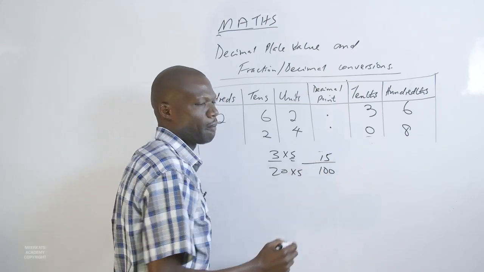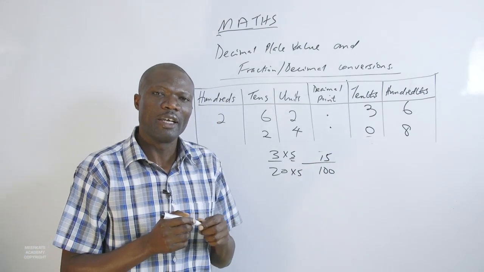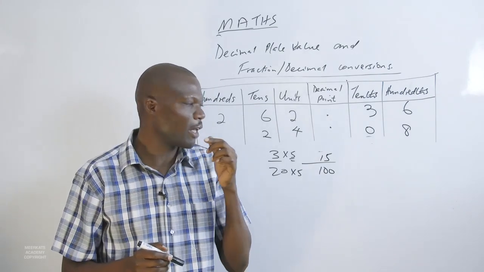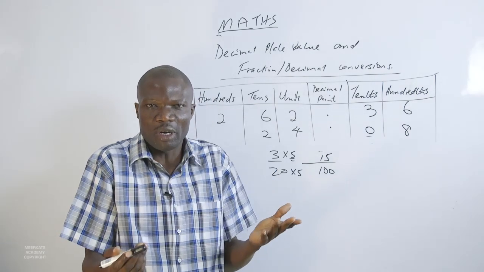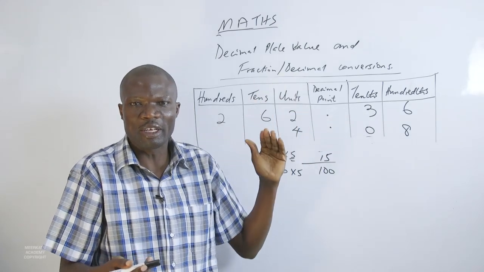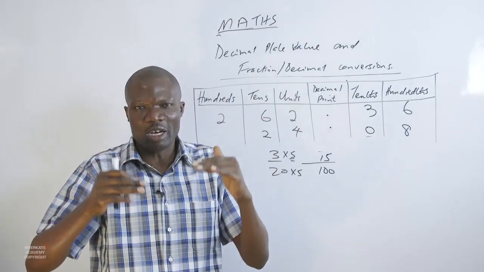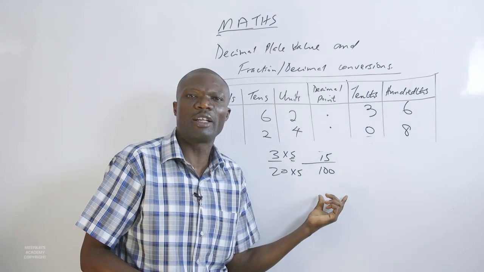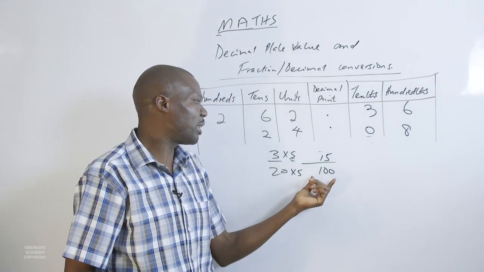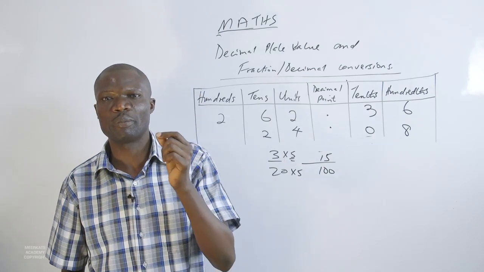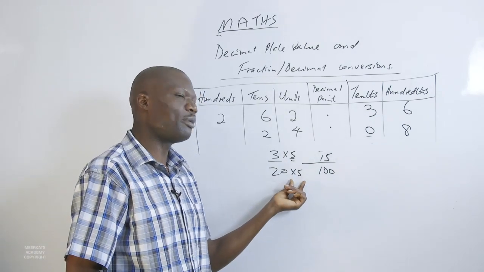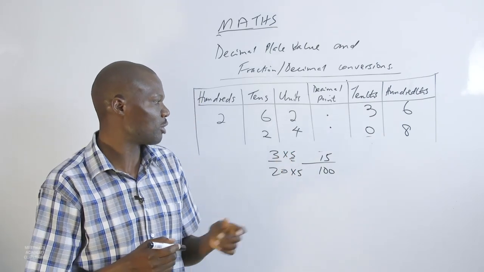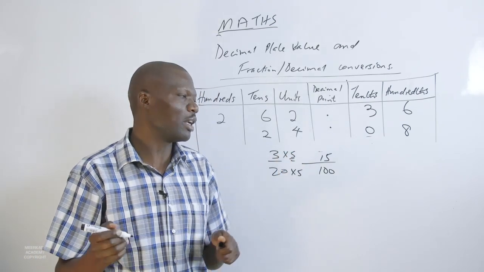which is 15. We said equivalent fractions can be found by multiplying by the same whole number. That is, if you multiply the numerator by 5, multiply the denominator by 5. Now, we have used the denominator to find the denominator with the power of 10. So the same way we acquired this should be applied at the numerator. So we have 15 over 100.